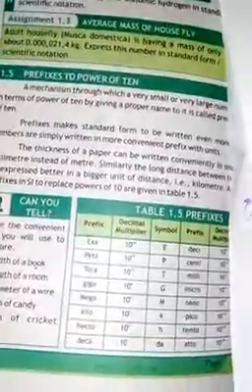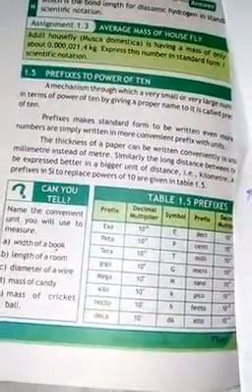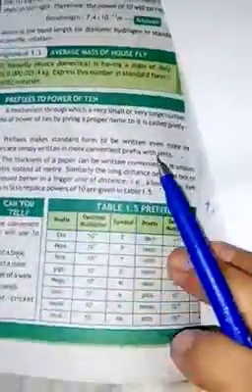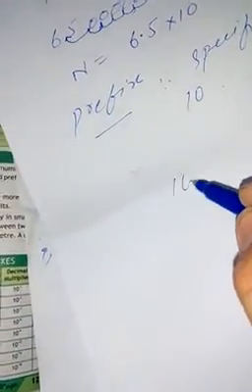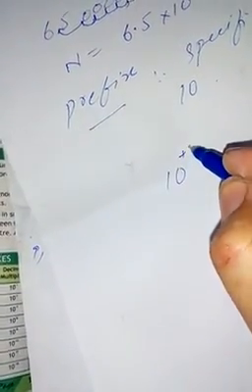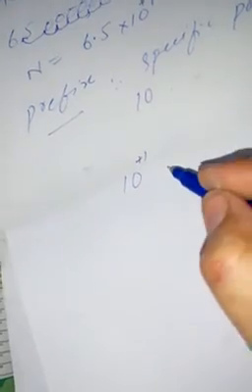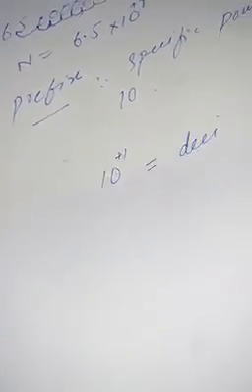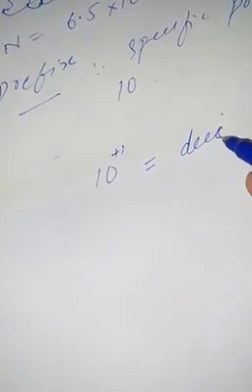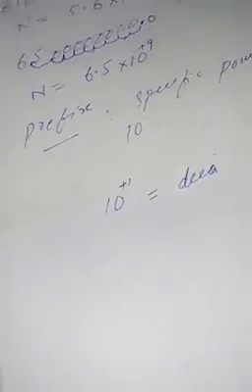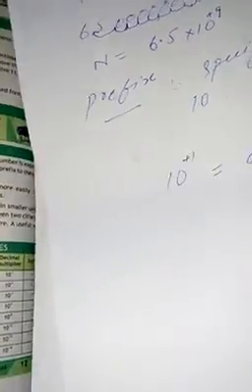Now in the table in the textbook we can see that 10 with power plus 1 is called Deca.